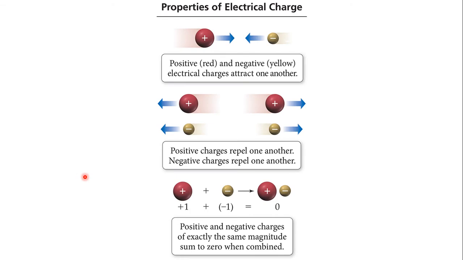Now, just as a reminder for electrical charge, opposites attract. A positive and a negative will attract each other and come together. Charges of the same sign, that is positive and positive, or negative and negative, will repel each other.